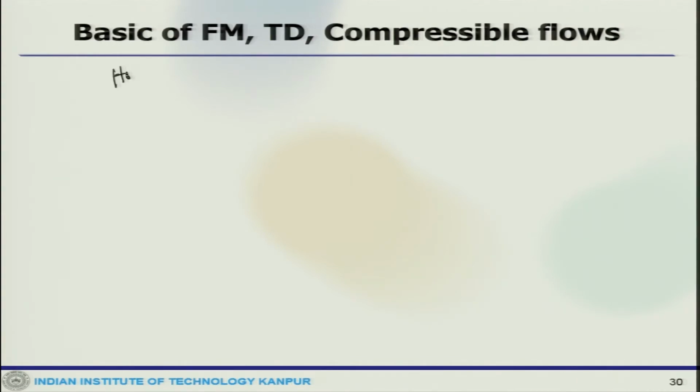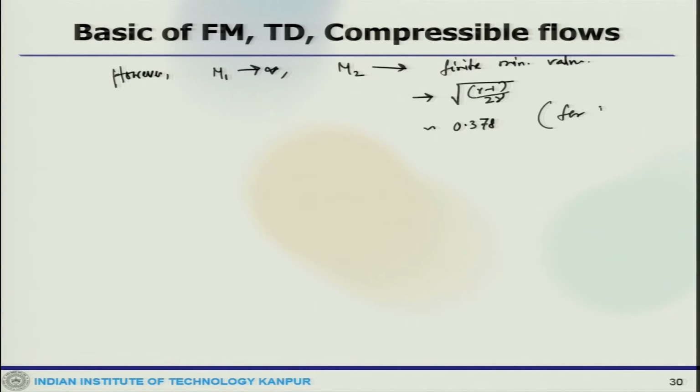However, if M1 tends to infinity, M2 tends to some finite minimum value, which is the square root of (gamma minus 1) by 2 gamma. That comes to around 0.378 for air. So, these are the different relationships that one can obtain.